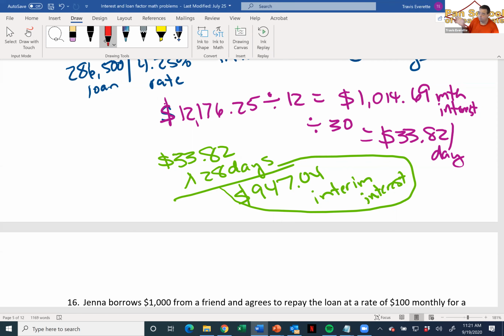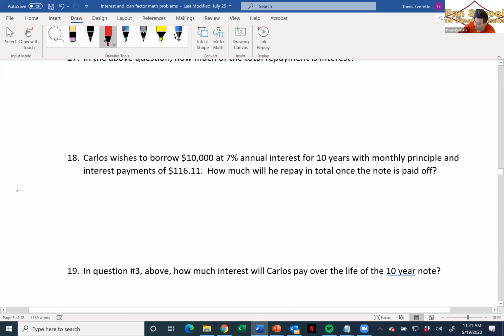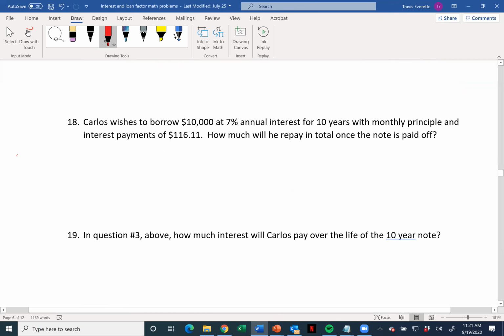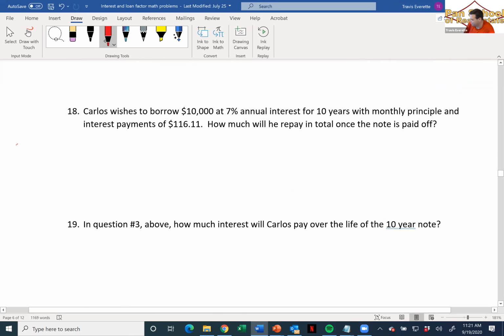So when you use 33.82, you're rounding off a little bit. And then when you multiply that out times 28 days, it can throw you off by a few pennies. That's all. Okay, just making sure I wasn't crazy. No, you're not.